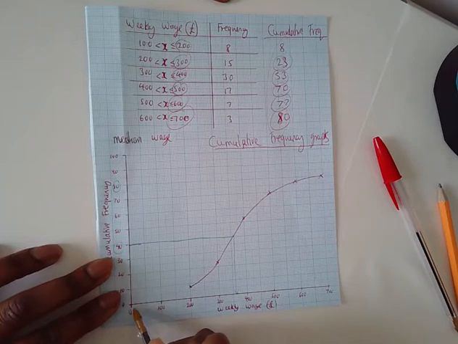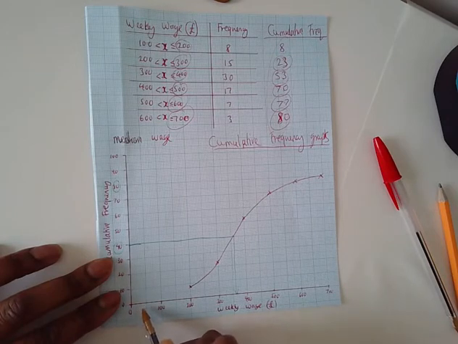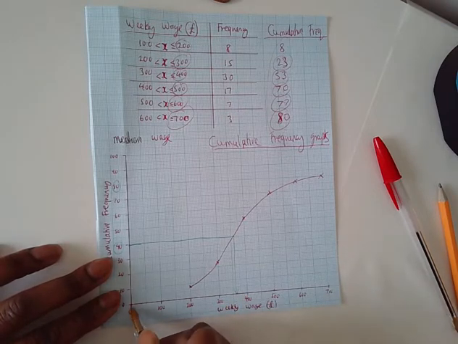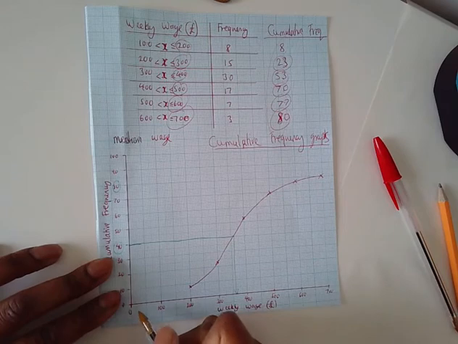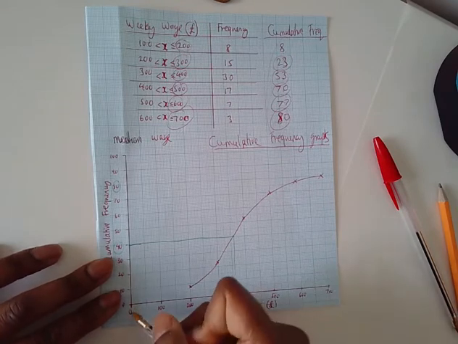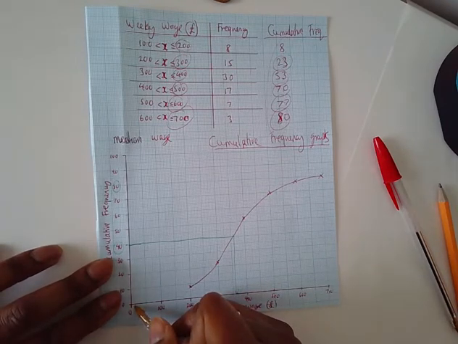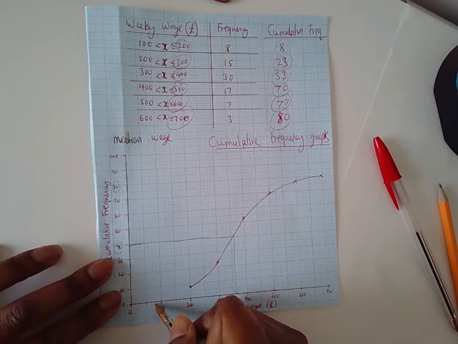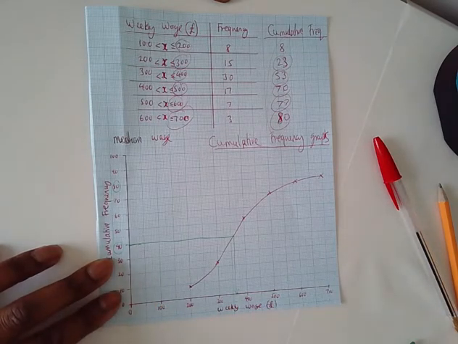From 0 to 100, let's check: 2 squares represent 10, so 10, 20, 30, 40, 50, 60, 70, 80, 90, 100. 2 squares definitely represent tens.